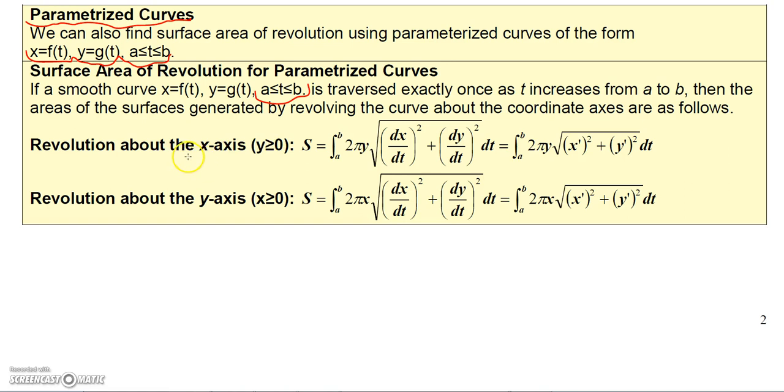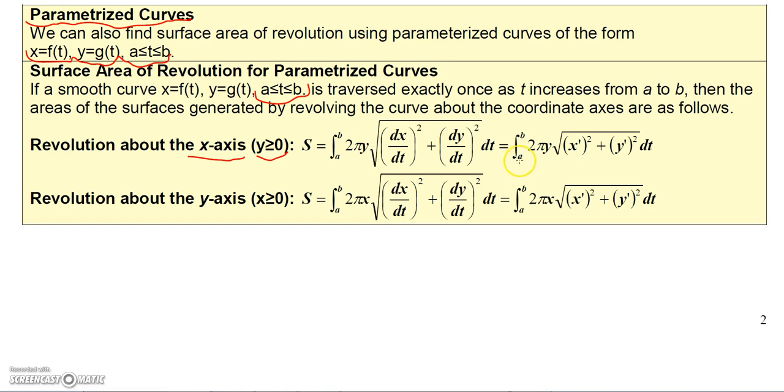If you revolve the curve about the x-axis, where y is greater than or equal to 0, then the surface area would be the integral where t goes from A to B, 2 pi times y times the square root of the derivative of x with respect to t quantity squared plus the derivative of y with respect to t quantity squared dt.